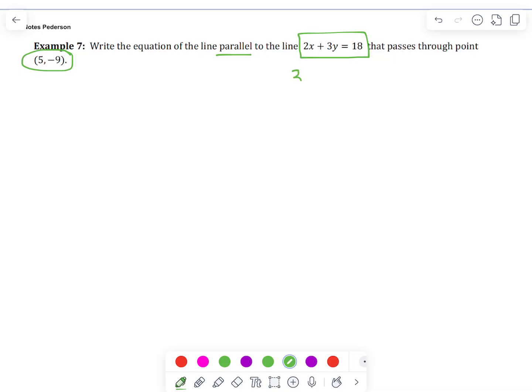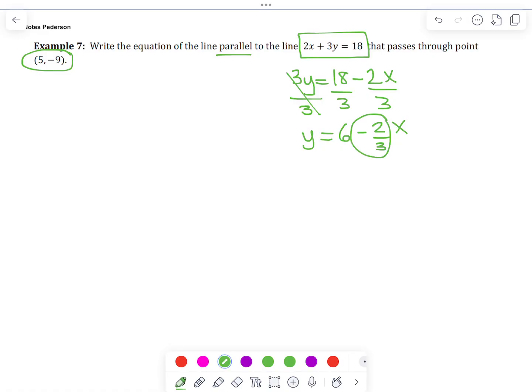So we're going to move that 2x to the right side, and then divide both sides by 3. Simplify it. And what we want is this number right here, its slope. The slope of that line is -2/3.